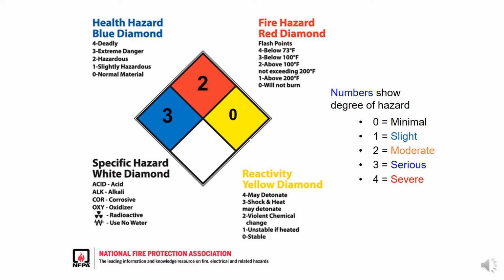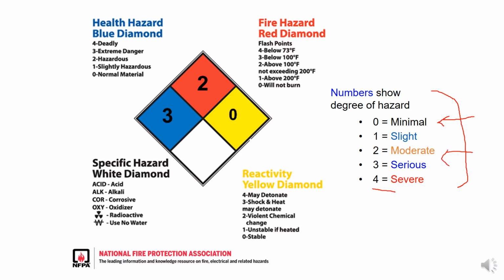And here you can see the degree of hazards according to the numbers. The maximum is 4, from 0 to 4. Sometimes these numbers are mentioned as 0 to 3. If there is a 0, it means a minimum degree of hazard.